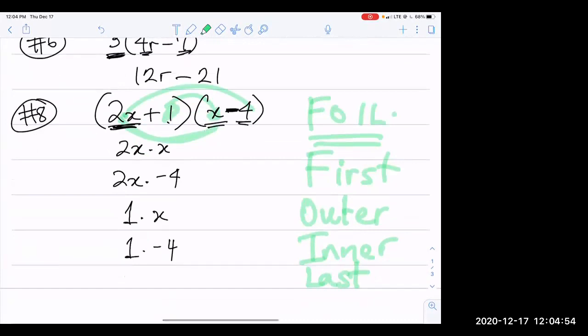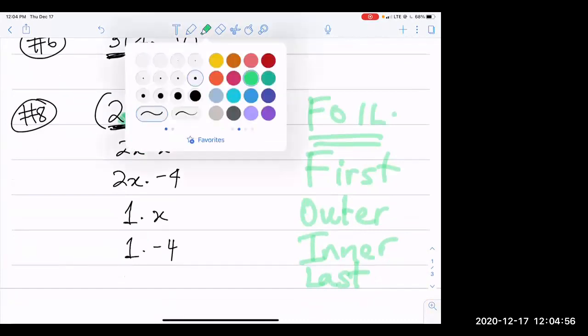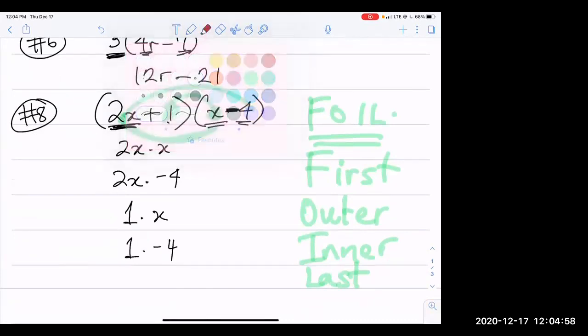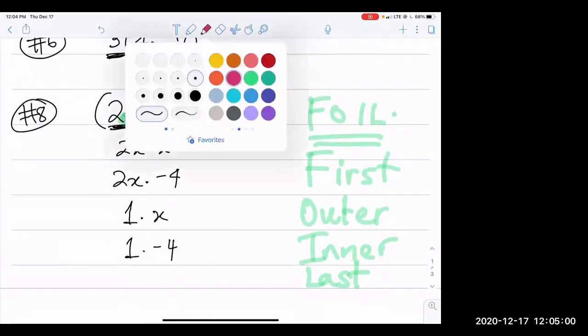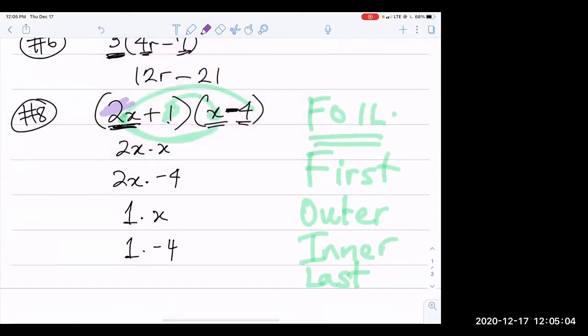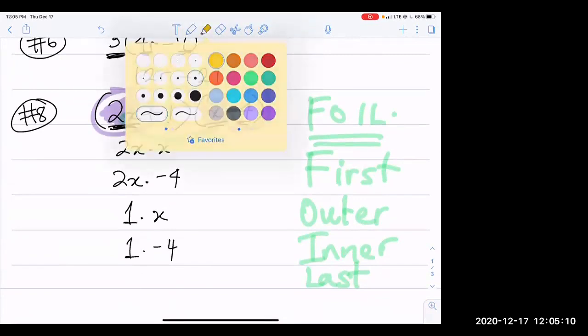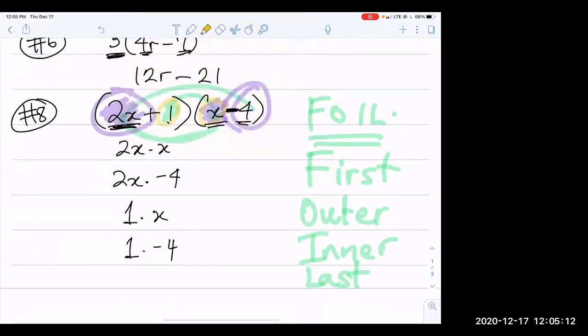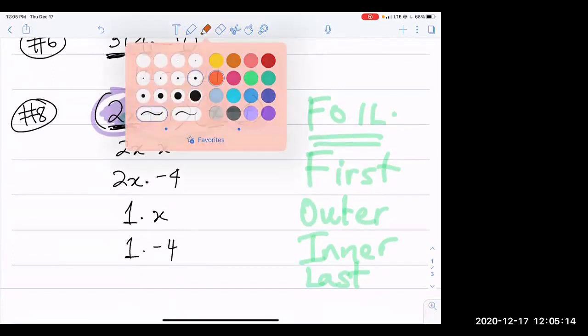And so you can say first terms, and then you do the outer terms, so this one and that one, and then the inner terms, this one and this one, and then the last terms, the 1 and the negative 4.